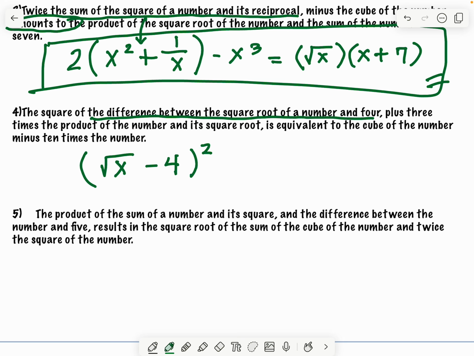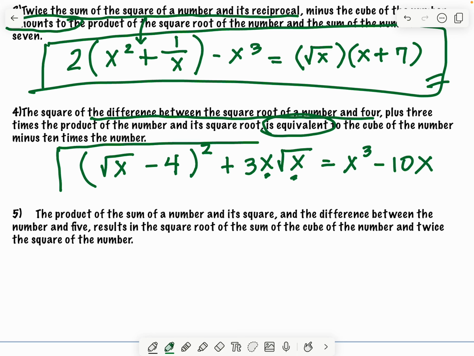Plus 3 times the product of a number and its square root, okay, is equivalent, that means equals, to the cube of the number minus 10 times the number. So 10x. So this is our final answer.